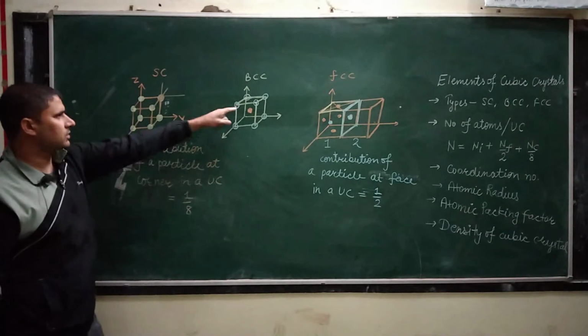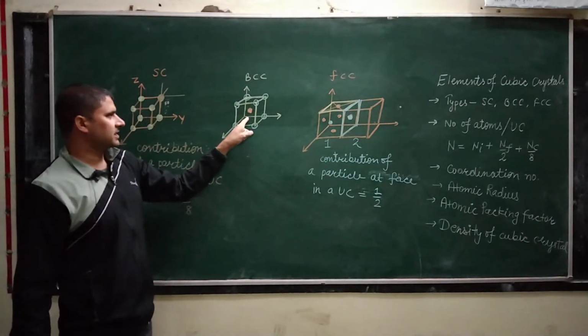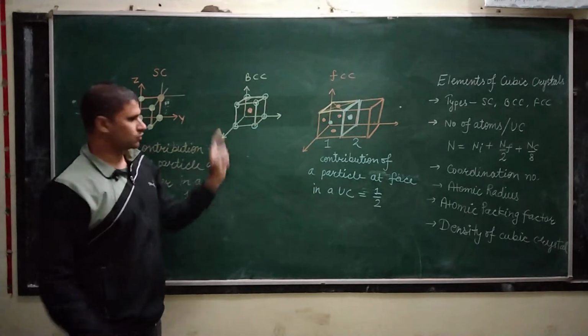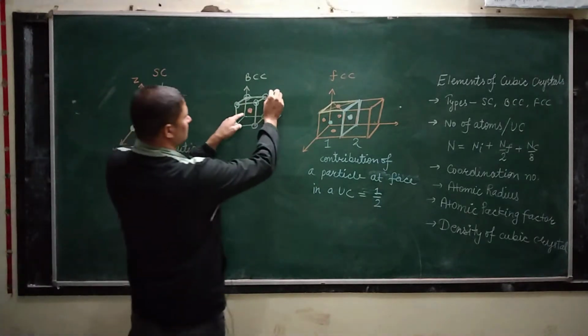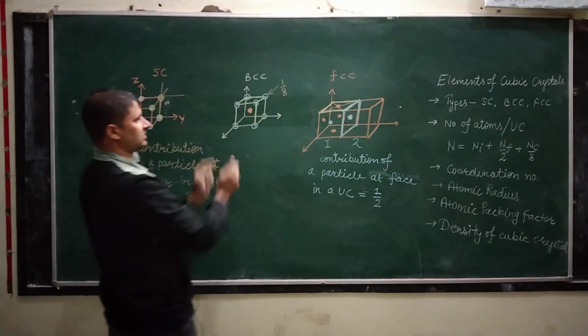Okay class. Now come to the body center. Here in BCC the particle is present at the corner, and here you have seen this particle will contribute 1 by 8 to this unit cell.